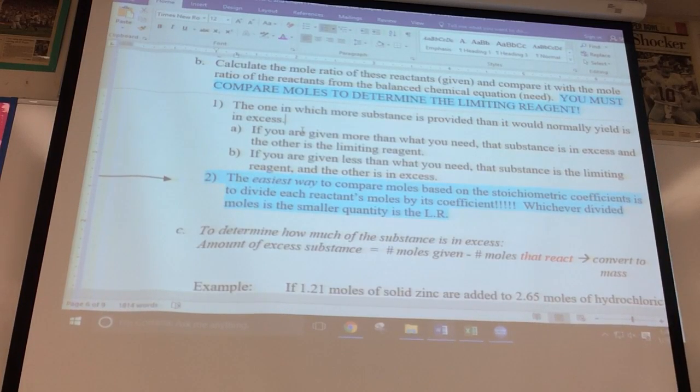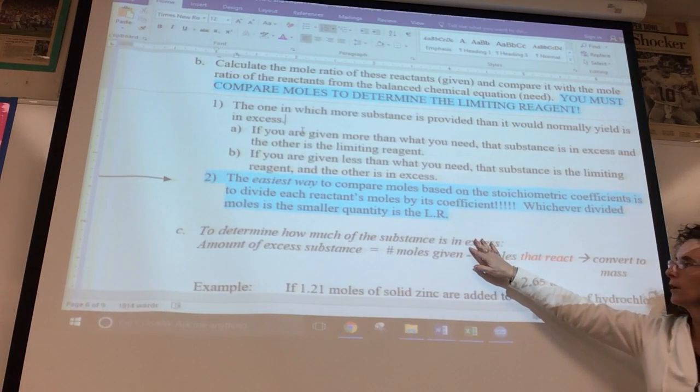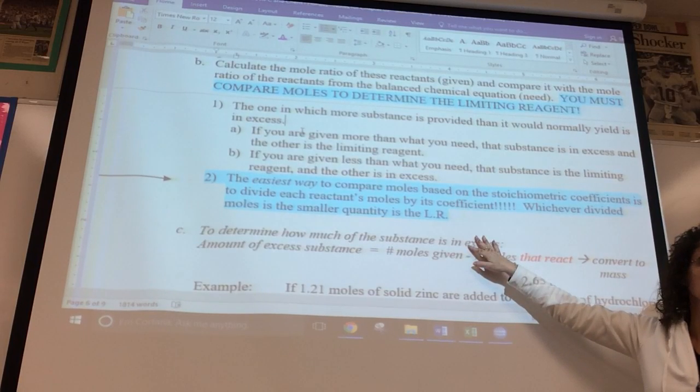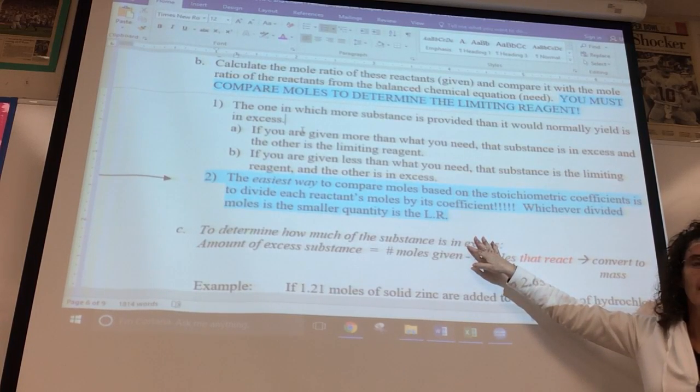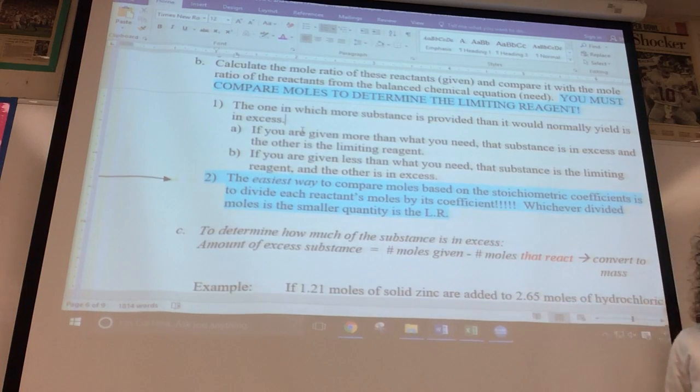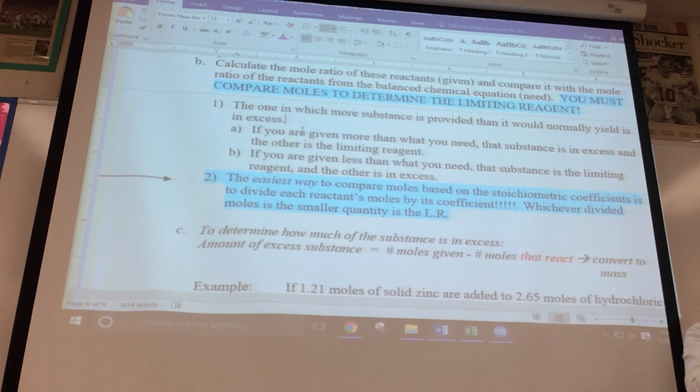You'll also be able to figure out not only which substance is in excess, but how much of that substance doesn't react. It's just left over. Typically, the substance that's cheaper or recoverable is the one you use in excess. The one that's expensive you don't want to waste, so that typically is the limiting reagent.